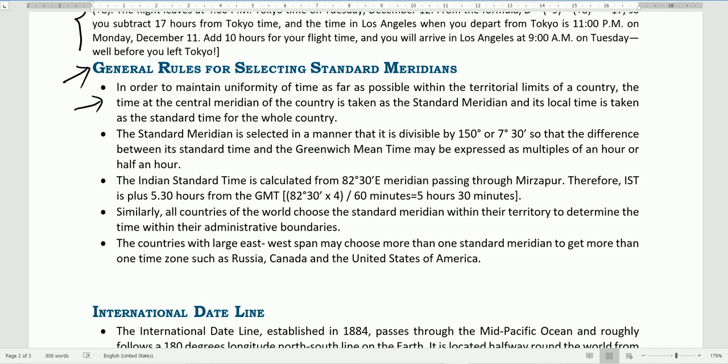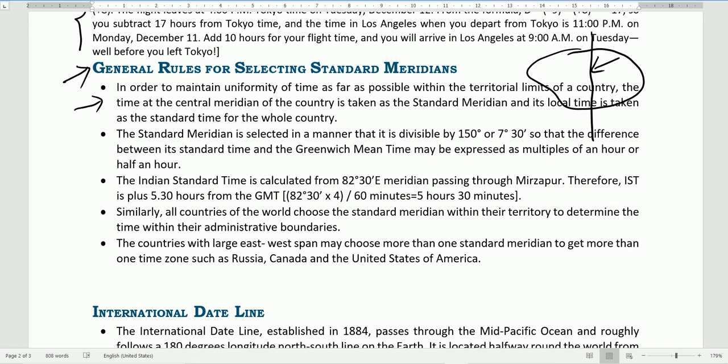Let us say this is a country, and this is the meridian passing through the middle of the country. In general, the meridian passing through the middle of a country is taken as the standard meridian for the whole country, and the time along this line would be considered the standard time for the whole country.